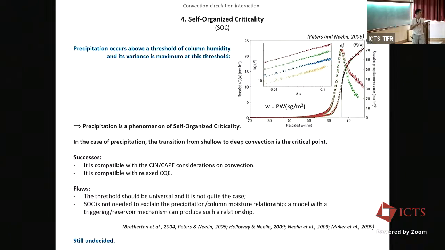So our two different really physical factors that we could make sense of as a function of CIN and CAPE are right there in those two layers in this model.